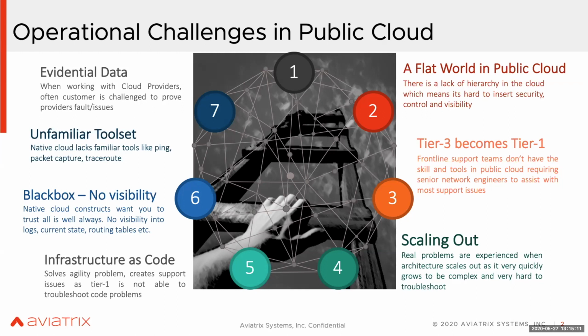So those basic things are missing. And you don't have any visibility into what's going on inside this service. Why is my load balancer behaving like this, or I don't know why my routing is not working. So how do I look beyond what the AWS console or Azure console provides me, right? So that's a big challenge out there.